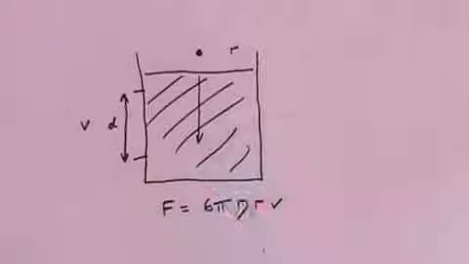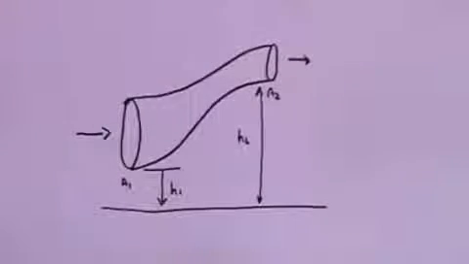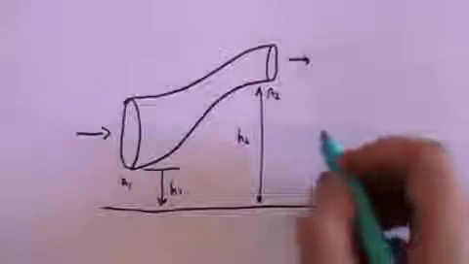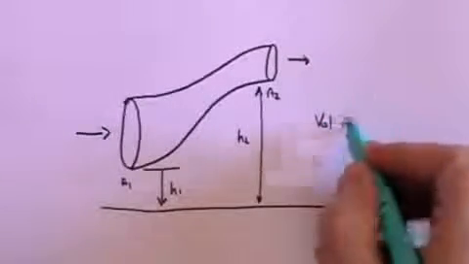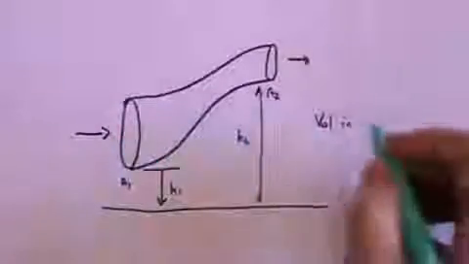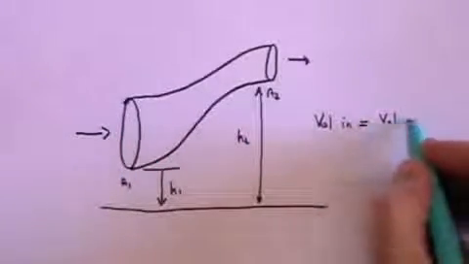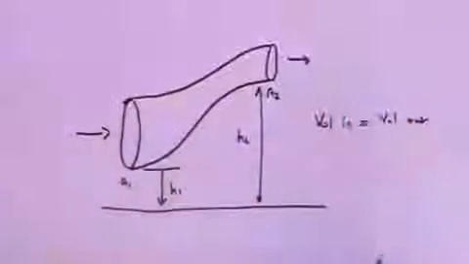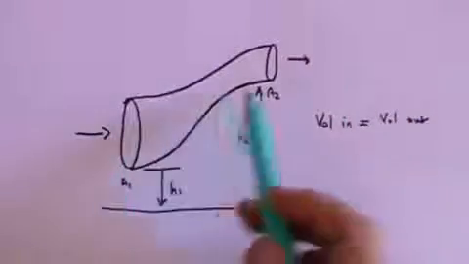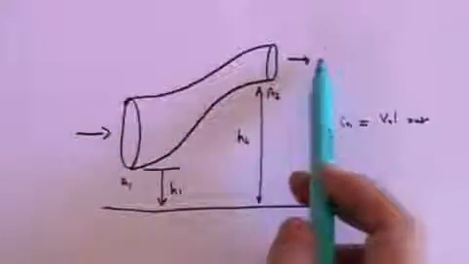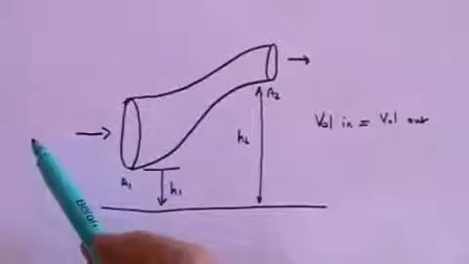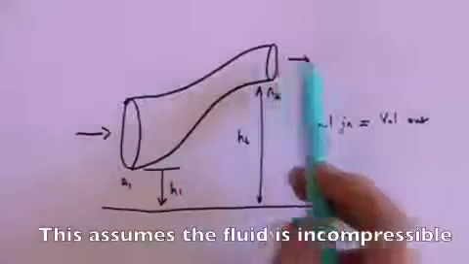Now, the first thing I hope you'll all agree is that the volume in, as the fluid goes in, must equal the volume out. That's the fluid coming out. You can't put more in than you get out, and you can't get more out than you put in. If you put in a gallon in this direction, a gallon comes out the other.